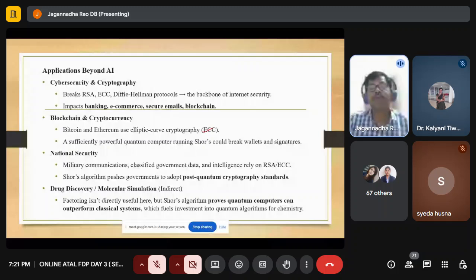Then drug discovery, molecular simulations. Factoring isn't directly useful here, but Shor's algorithm proves quantum computers can outperform classical systems, which fuels investment into quantum algorithms for chemistry. The same in Grover's also, what are the applications you have?